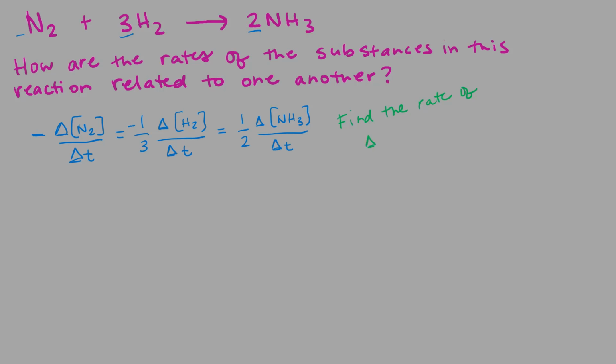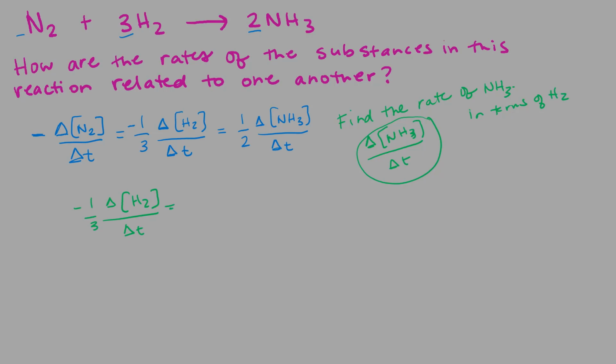But let's just say that I wanted to find the rate of change for NH3. So I wanted to find delta NH3 over delta T, okay? I wanted to find this. So I'm going to look at this equation here, and so it'd be negative 1/3, in terms of H2. So this equation up here that I've written, you could write it like this, just for those two. Right?